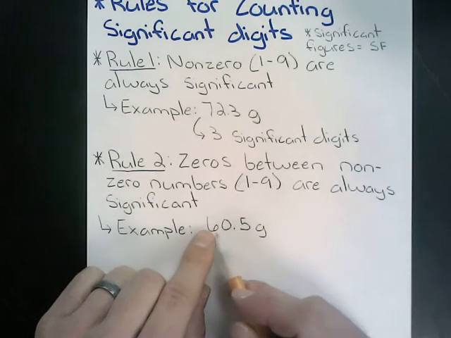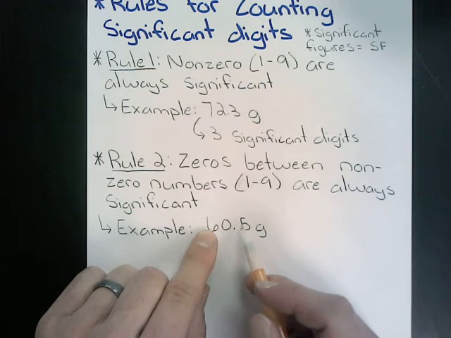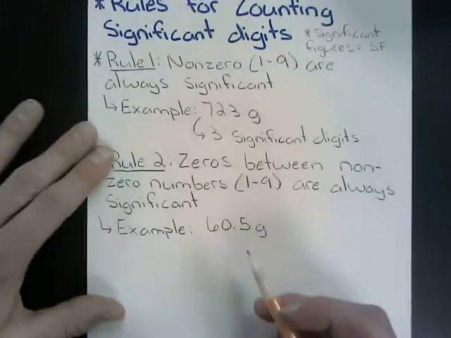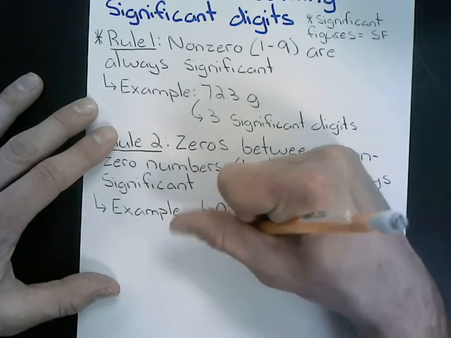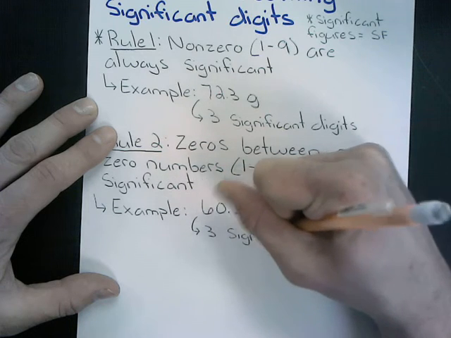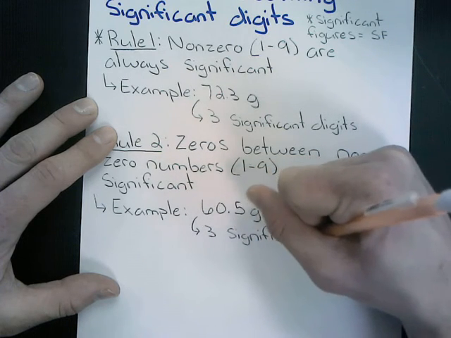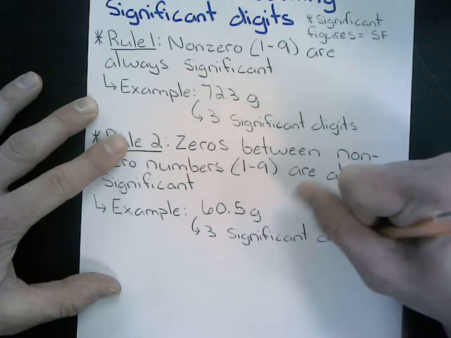This 0, because it's squished in between a 1 through 9 number, is significant. So again, this would have 3 significant digits.